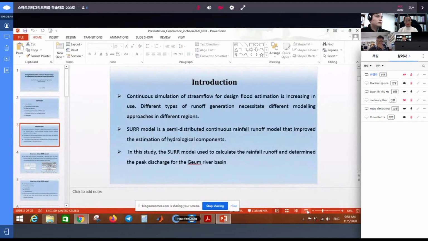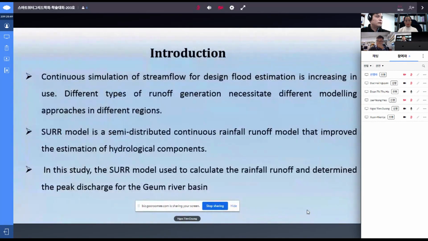Continuous simulation of stream flow for design flood estimation is increasing, with different types of runoff generation methods tested in different model approaches in different regions. The SUR model is a semi-distributed continuous rainfall runoff model that improves the estimation of hydrological components.